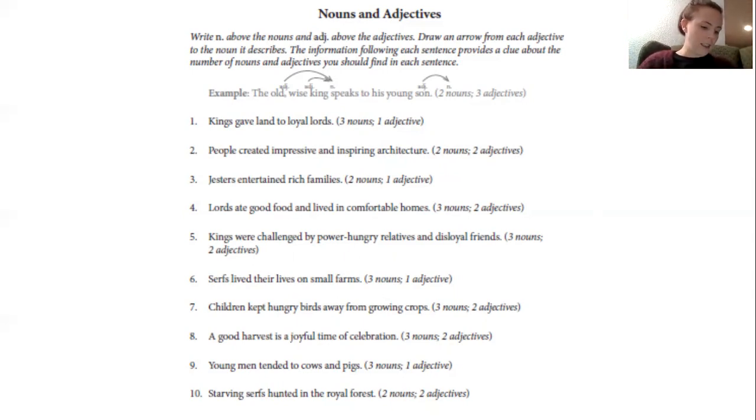Gave land to loyal lords. Land is a thing. I'm going to put an N over land. And then lords are a word to describe people we'll learn more about in this chapter. So over lords, I will put an N and a period. So we've got our 3 nouns, we found those.